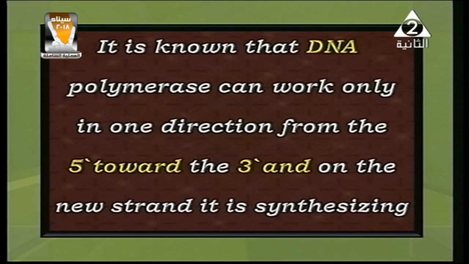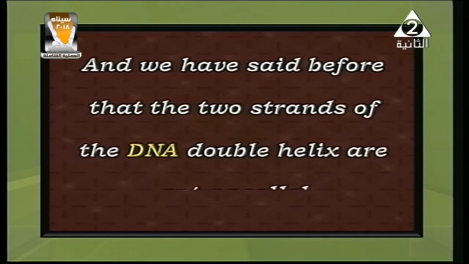It is known that DNA polymerase can work only in one direction, from 5' toward the 3' end on the new strand it is synthesizing. But we have said before that the two strands of the double helix aren't parallel to each other.